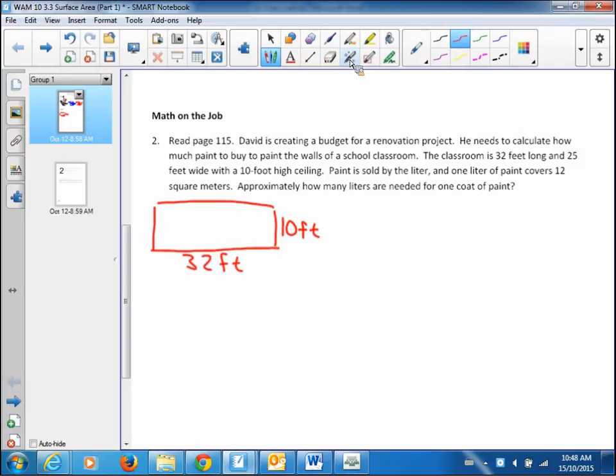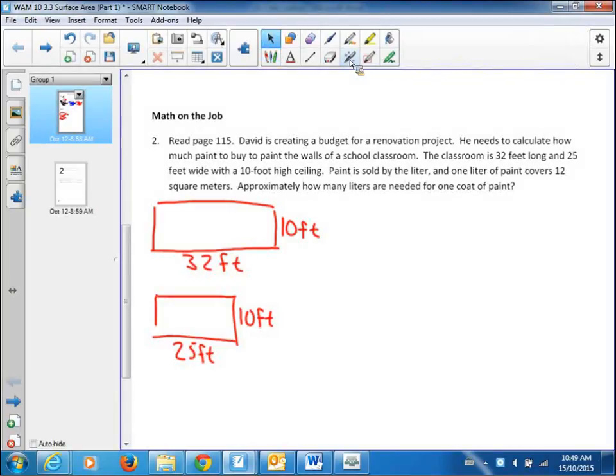And then the other one, the short 25 feet, that's that wall plus that wall. 25 feet, 10 feet high, up and down. You're going to find those 2 areas and double them. You got the total area of the classroom's walls.